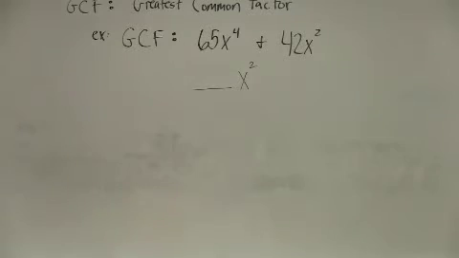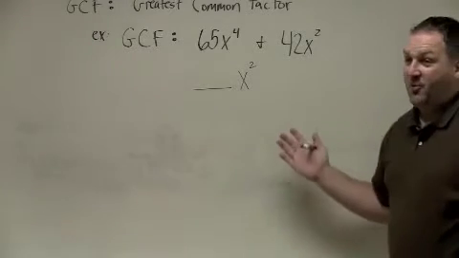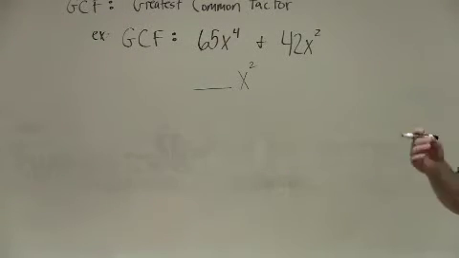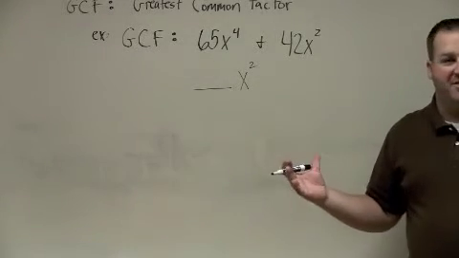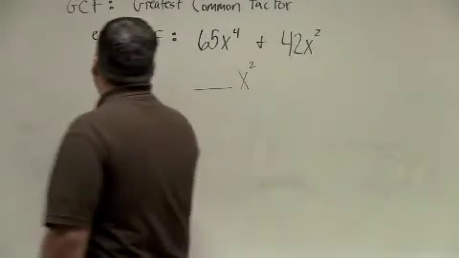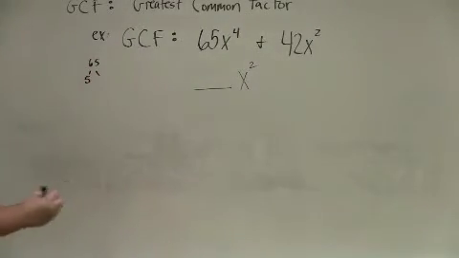Now, we look at the numerical portion. 65 and 42. If you can't see it automatically, you may want to do the prime factorization of each and circle matches. So I'll come over here to the side and I'll put 65. That breaks up into 5 times what? 13.